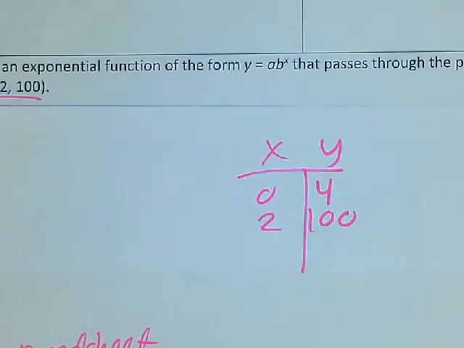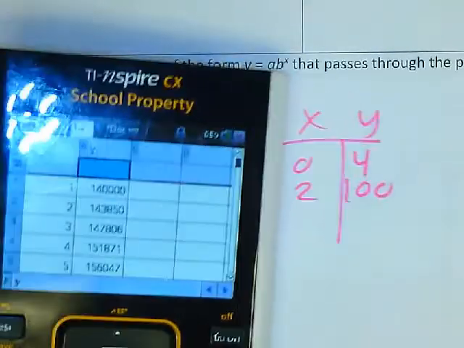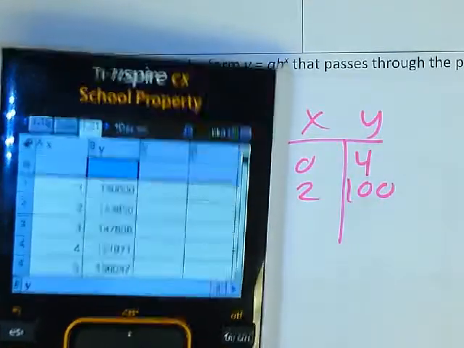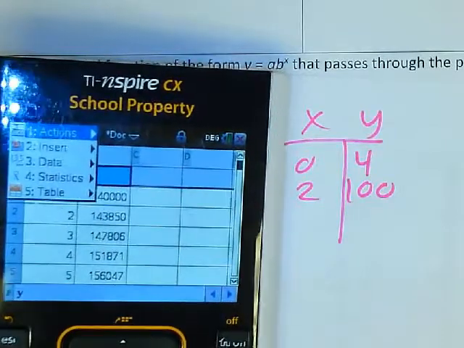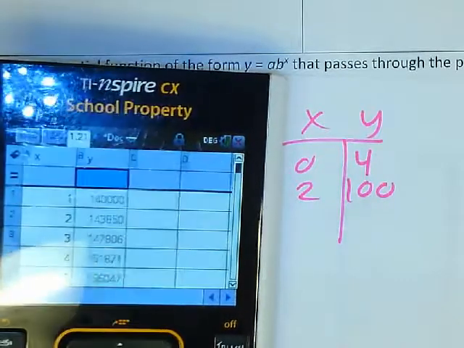Okay? So what I'm going to do is I'm going to go to my spreadsheet and graph those. Give me a second. Okay, when I enter mine, there was the information from the previous problem. So if I want to clear it, I simply go to menu, okay, and then data, and then clear data, number 4.